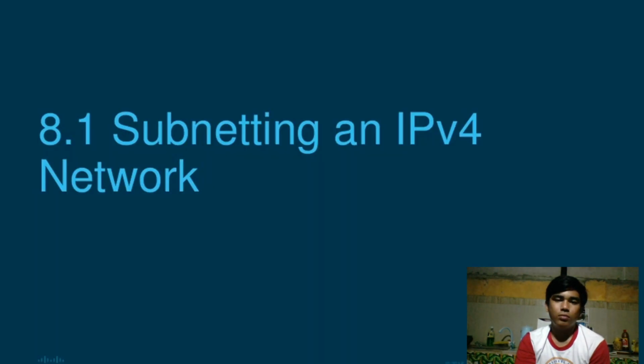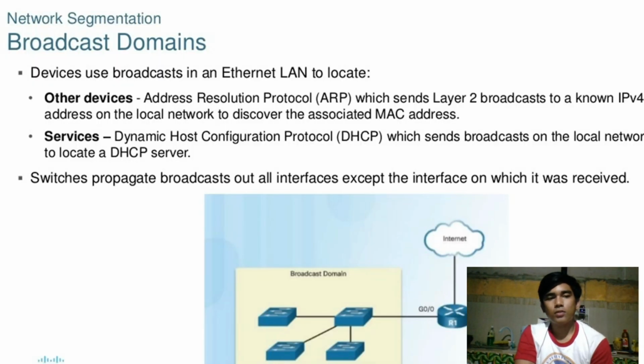IPv4 subnetting an IPv4 network. First, the broadcast domain. Devices use broadcast in an Ethernet LAN to locate other devices. Address Resolution Protocol, or ARP, sends a Layer 2 broadcast to a known IPv4 address on the local network to discover the associated MAC address.